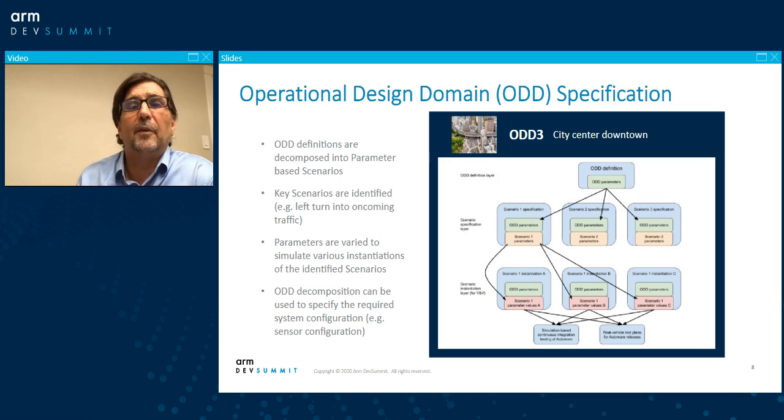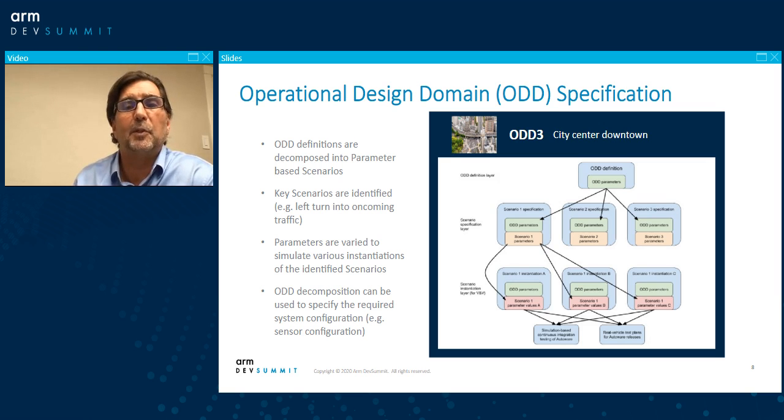You take that scenario, and then you break it down into any sub-scenarios that you may run into and all of the parameters that we will have to vary in order to really consider whether the autonomous vehicle is operating safely within an environment.